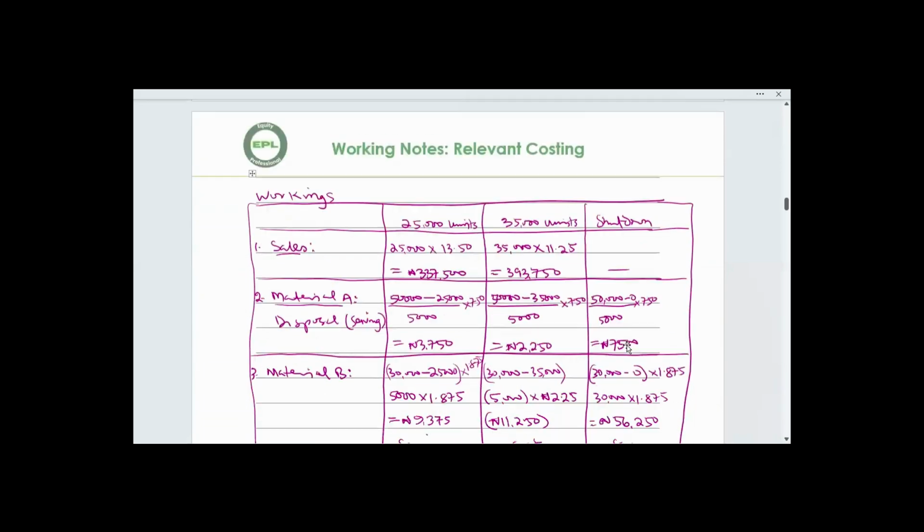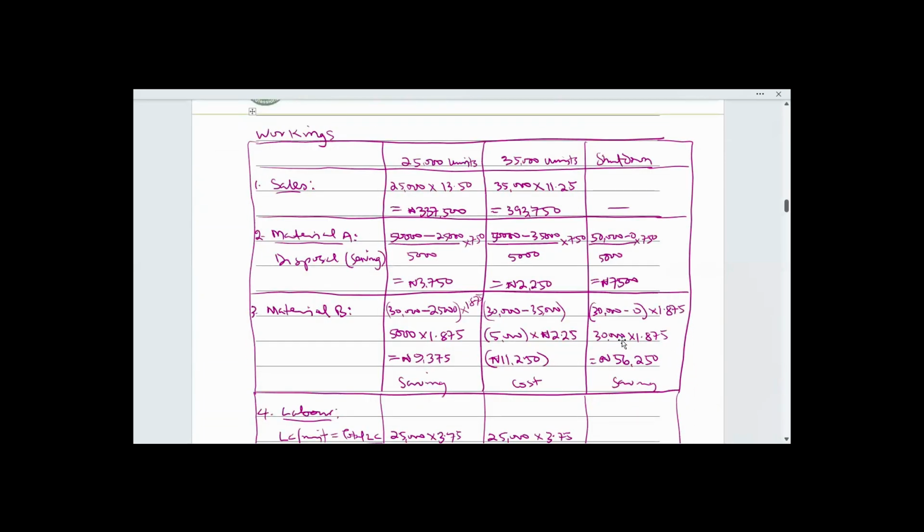So let's go back. Let's go and pick other cash inflow that we have there. For material A, we have a disposal value. We have a saving for option 1 and the other options. So for option 1, 3,750, 2,250, then 7,500 for options 2 and 3. So let's go and post that.